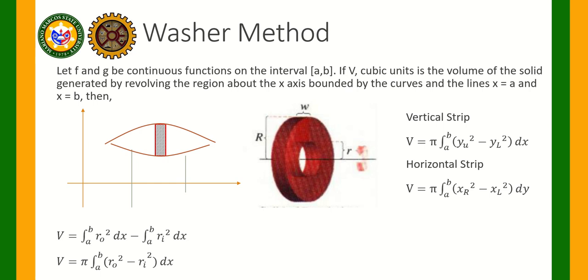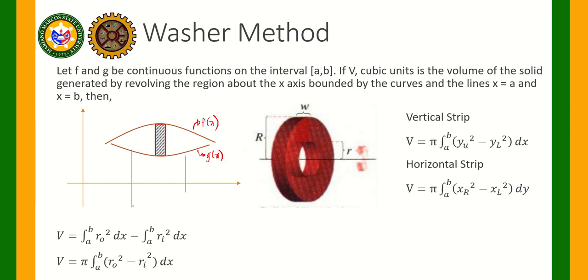If V units is the volume of the solid generated by revolving the region about the x-axis bounded by the curves and the lines x equal to a and x equal to b. So yung curve natin, okay, so for example, this is our f of x and this is our g of x.